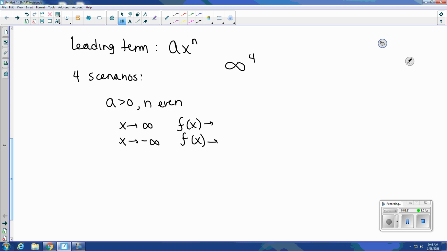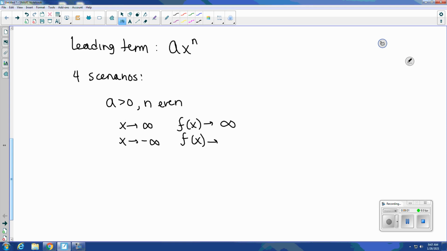Choose whatever you want, 2, 4, 6, whatever. In the positive direction, if I raise it to an even exponent, that number will just continue to get larger in the positive direction. So it's still heading towards positive infinity. And if I multiply it by that leading coefficient that's positive, it only grows in value in the positive direction. So the function should head towards positive infinity.